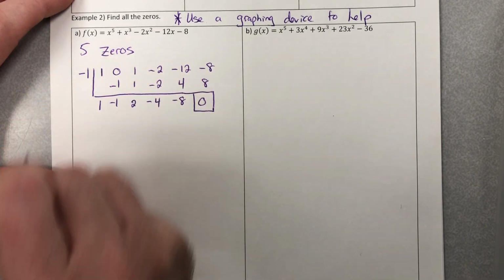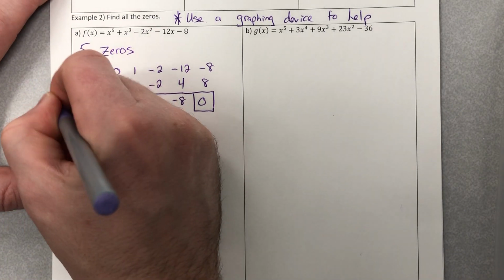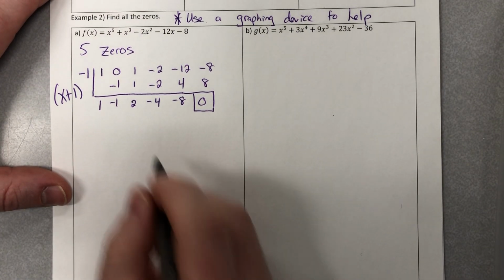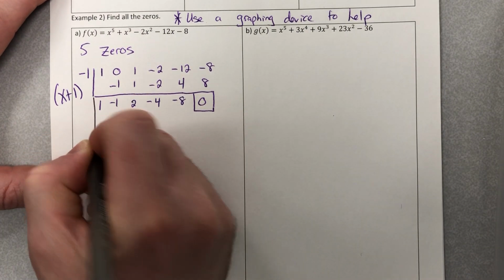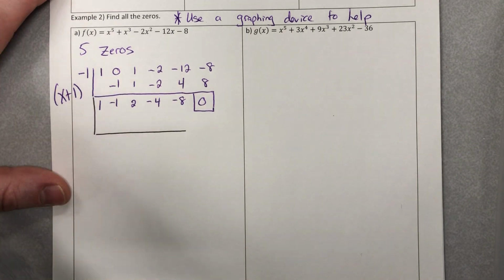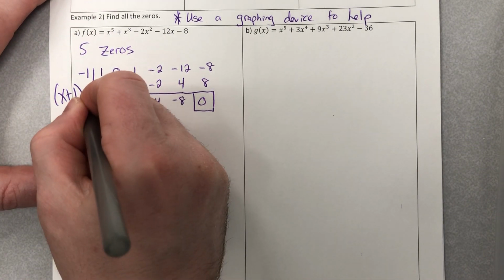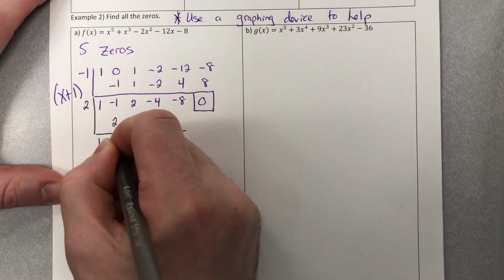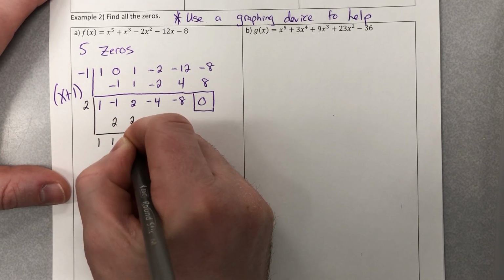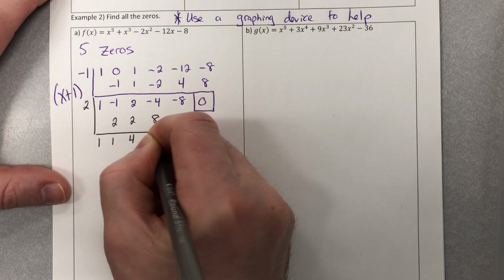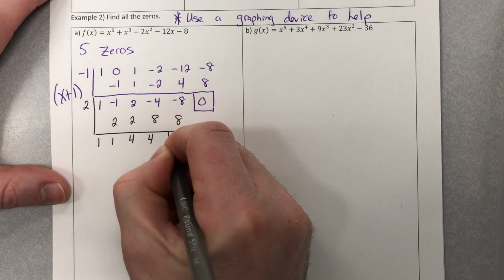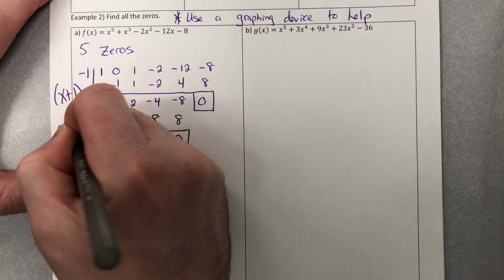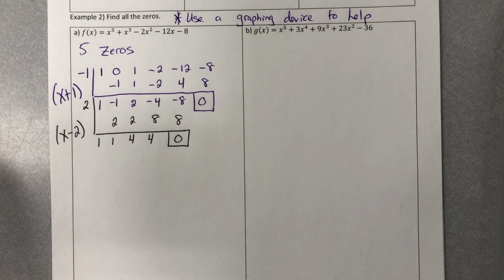So the way I would write -1 as a linear factor would be x plus 1. I also look at my graph, and it looks like it hits at +2. So if I bring down the 1 and multiply, I also know that x minus 2 would be a linear factor.